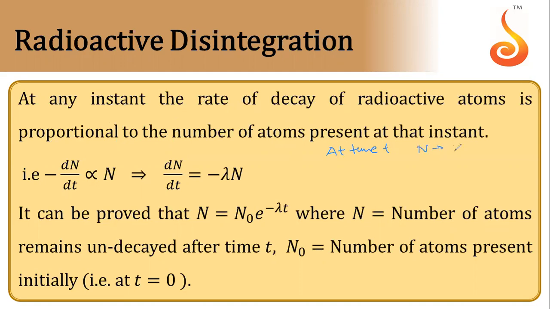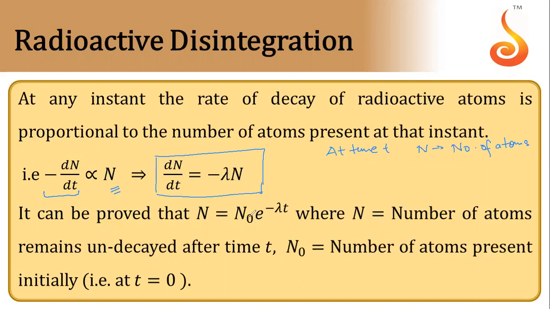So N is the number of atoms. Then the rate of decay of radioactive atoms will be minus dN by dt, and that is directly proportional to the number of atoms present at that instant. So from here we get the equation: dN by dt equals minus lambda N.